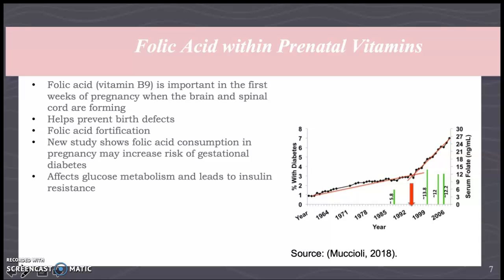The red arrow depicts the mandatory fortification of folic acid, and the green bar is the measurement of folate levels in subjects over the years. You can see the percent of diabetes increasing with the increasing folic acid fortification levels.